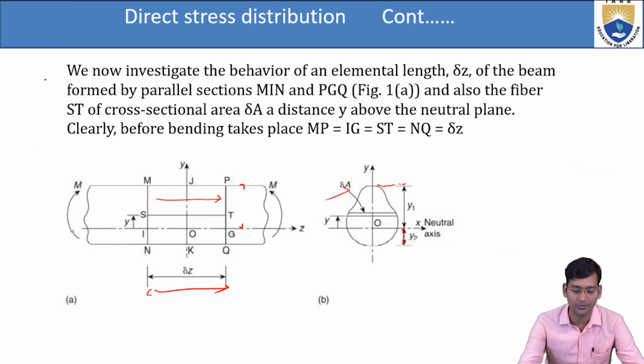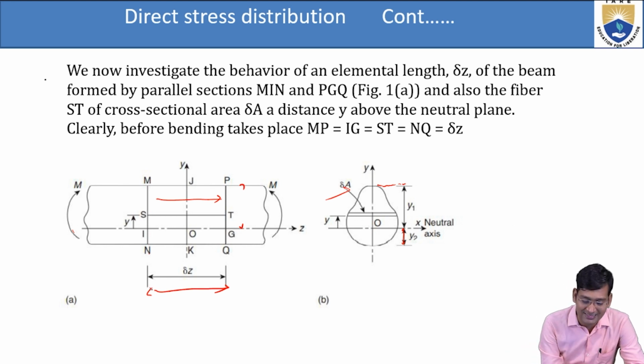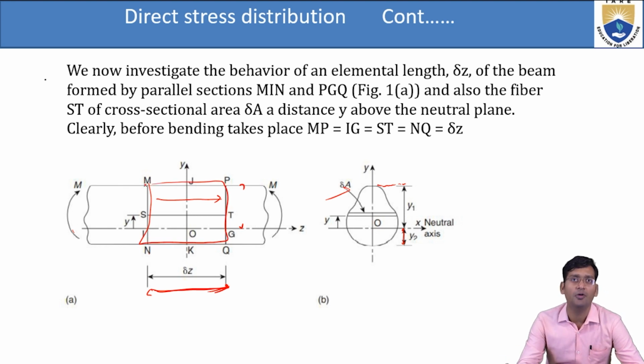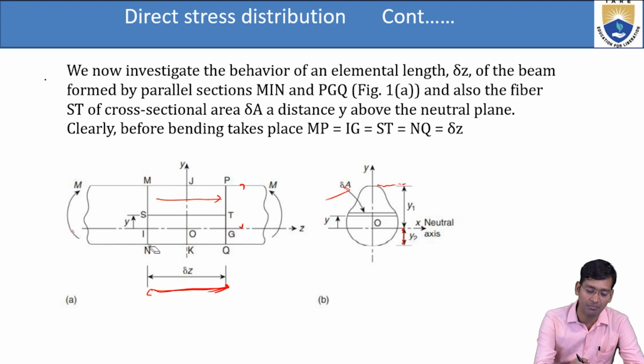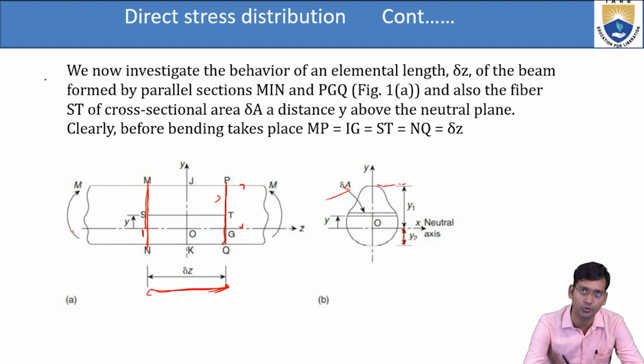Okay. Next, now we investigate the behavior of an elemental length delta z. So now we will see the behavior of this elemental length, formed by parallel sections MIN and PGQ.